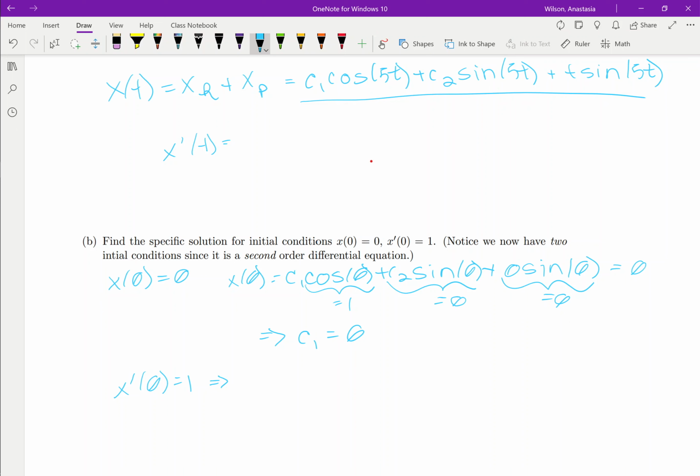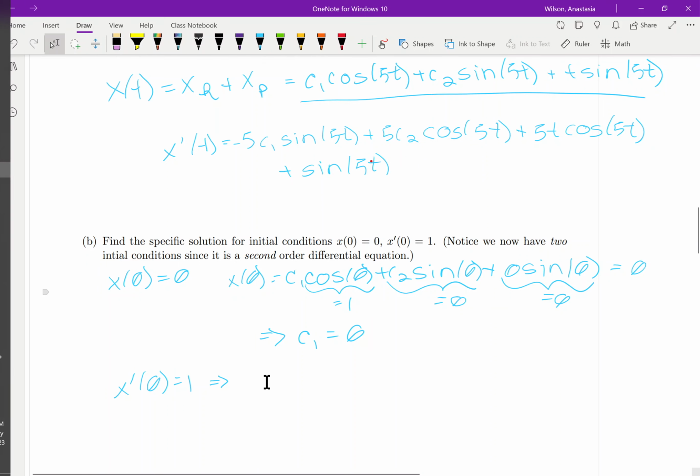The derivative of c1 cosine 5t is going to be negative 5 c1 sine of 5t plus 5 c2 cosine of 5t, and for this last term we need the product rule. t times the derivative of sine of 5t will give us a 5t cosine of 5t, plus the sine of 5t times the derivative of t, that's just a 1, so it's just going to be the sine of 5t.